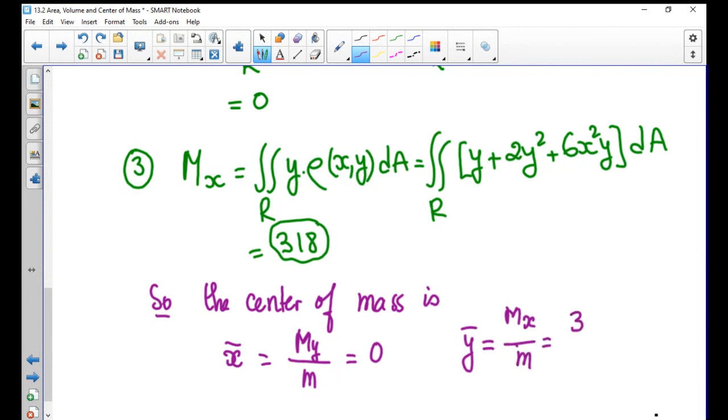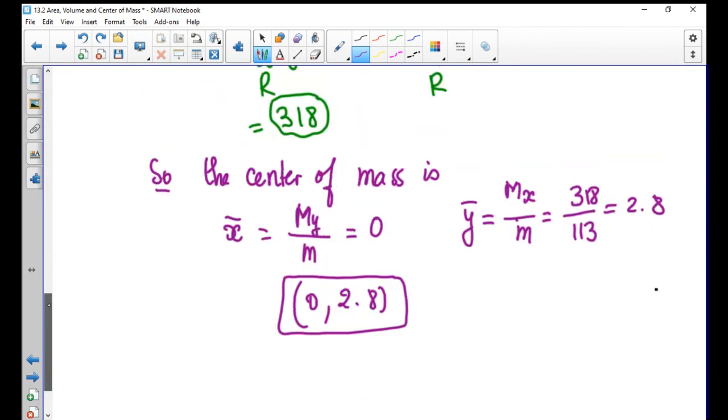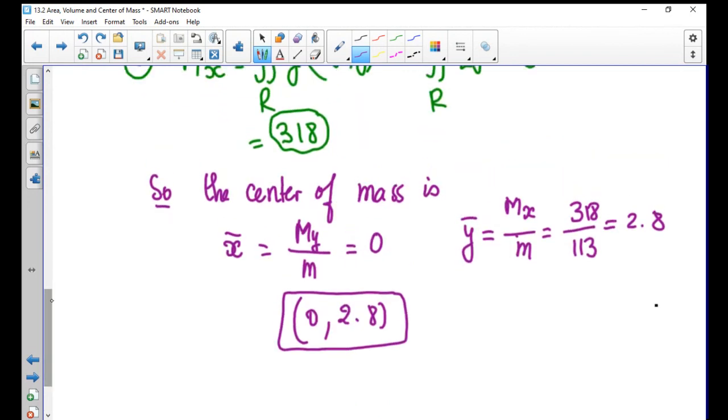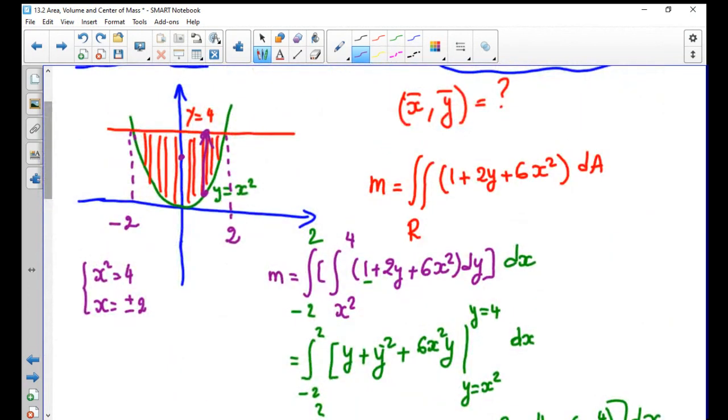So it's going to be 318 over 113, which is 2.8. So the center of mass is 0, 2.8. You can think of it as the center of this lamina. So it's somewhere here. The center of mass is on the y-axis, at 0, 2.8.